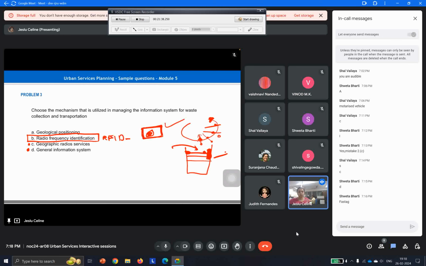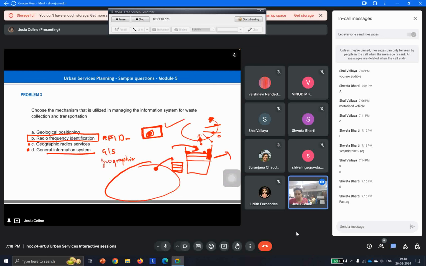Now there are other systems also which can be used, like we discussed about GIS. I'm sure somebody mentioned general information system, maybe under the assumption that this is GIS. No, GIS stands for geographic information system. It gives us a complete region. Given the region, you can have certain tables associated with the region.